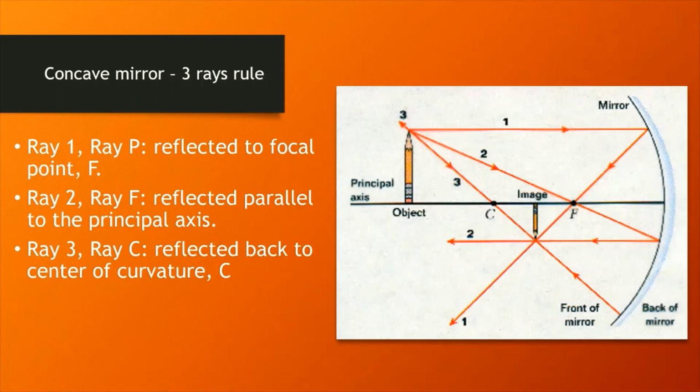So r is equal to 0, therefore the reflected ray goes towards the same path it comes from. Okay, i equals 0, r equals 0. Understand, yeah? Okay, so you see here, this is ray P, this is ray F, and ray C.